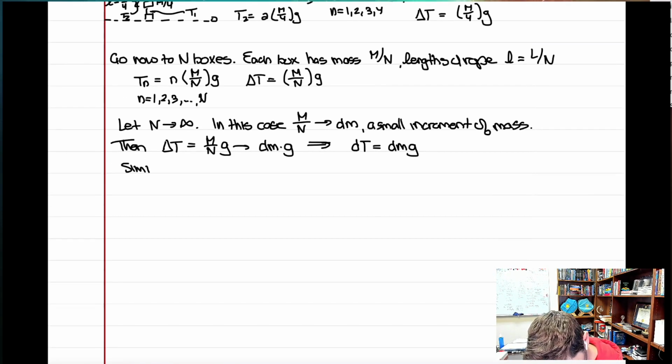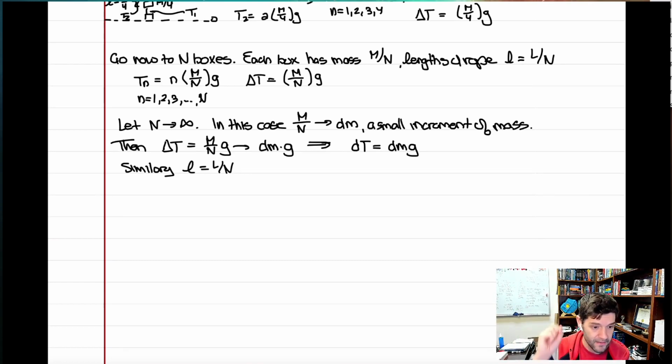Similarly, little l, the distance between the boxes, was L over big N. That L over big N is going to become smaller and smaller and smaller. So instead, let's write this as dl.